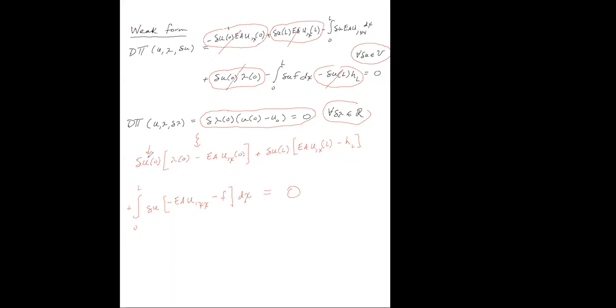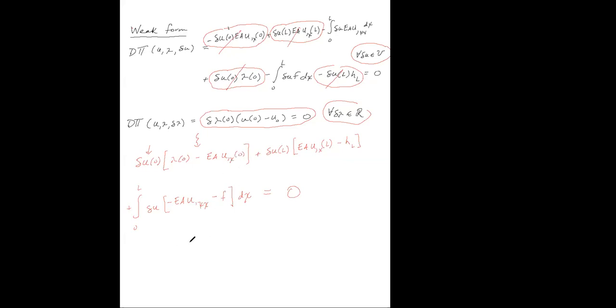So if one of them is non-zero, then the only way this can be 0 is if this equation is 0. You can make the same argument for all three of these guys. Because this has to hold for every possible test function, the only way the whole equation can be 0 is if the things in the brackets themselves are equal to 0.